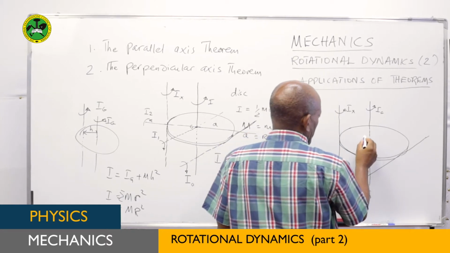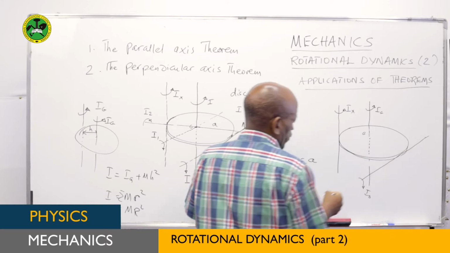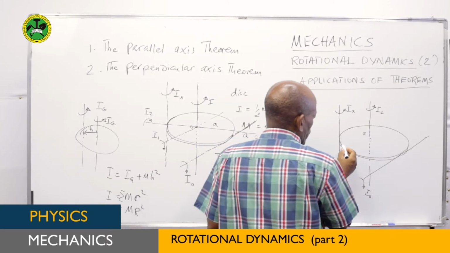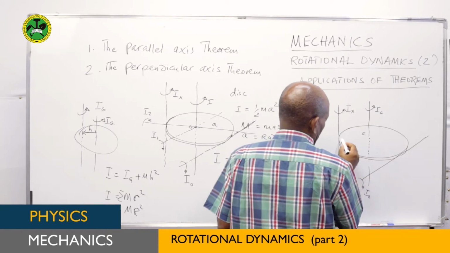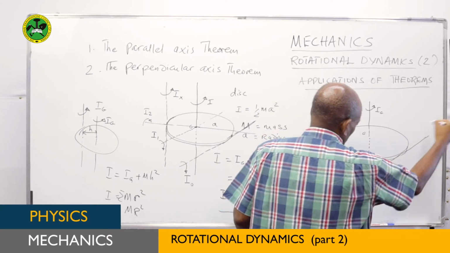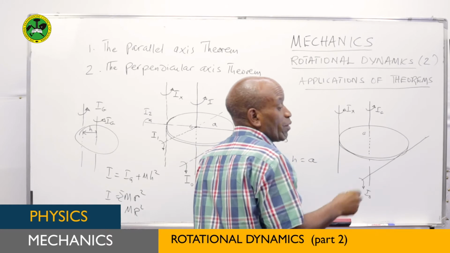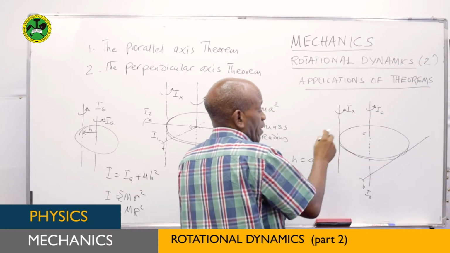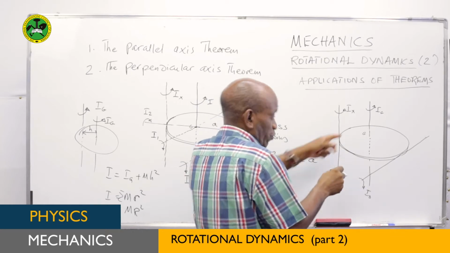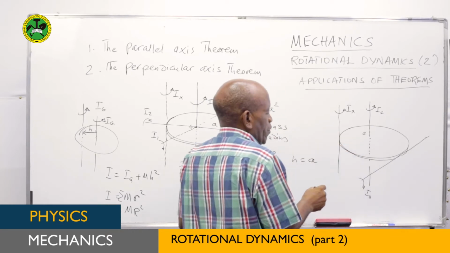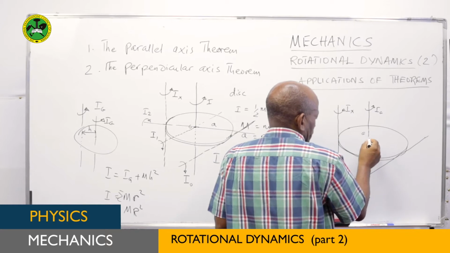Now to find this moment of inertia, I'm just going to draw an axis passing over its plane. But any particular axis passing over that particular plane, whenever a disk is rotated about that, any of the axes passing over its plane through its center will just be the same because they are all passing through the center.